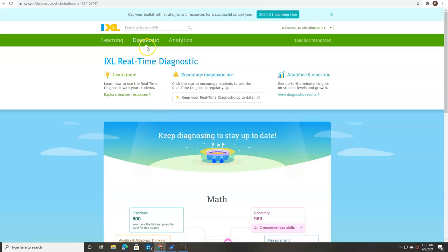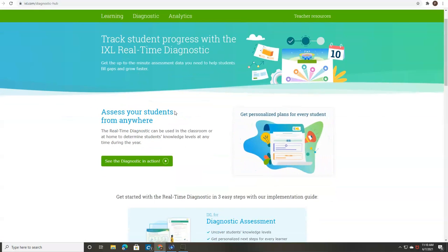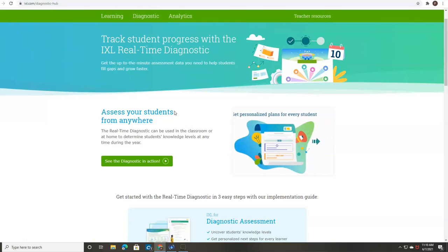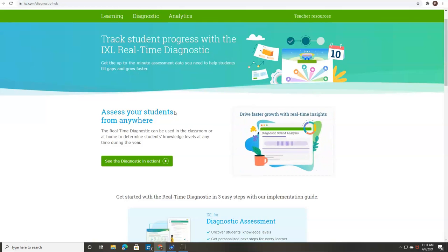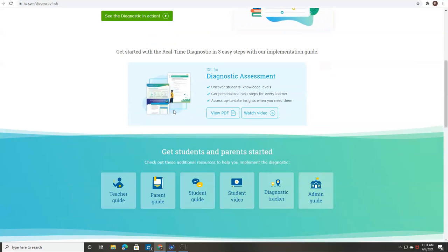Okay, so again, this is the diagnostic that students will take before they meet with you to establish a baseline of where they're at, grade-wise and skill-wise. I highly suggest visiting under diagnostics, explore teacher resources, and watching the videos here to gain more information about how the diagnostics are made, why they're important, and what the benefits are of them.